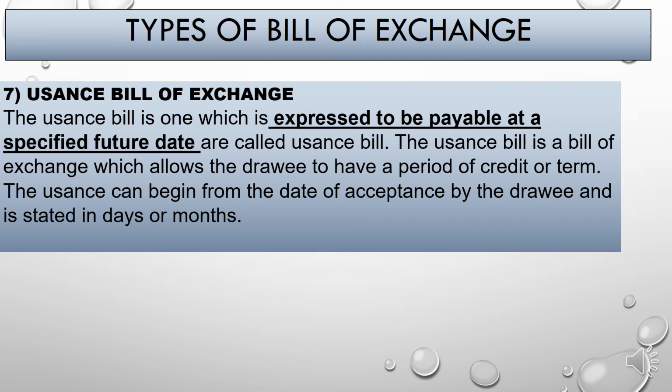For example, Mr. A is a drawer and Mr. B is a drawee. The drawee has told Mr. A that after 3 months he will make payment of rupees 10,000. That means 3 months is the credit period, the term period. That's why it is known as usance bill of exchange.